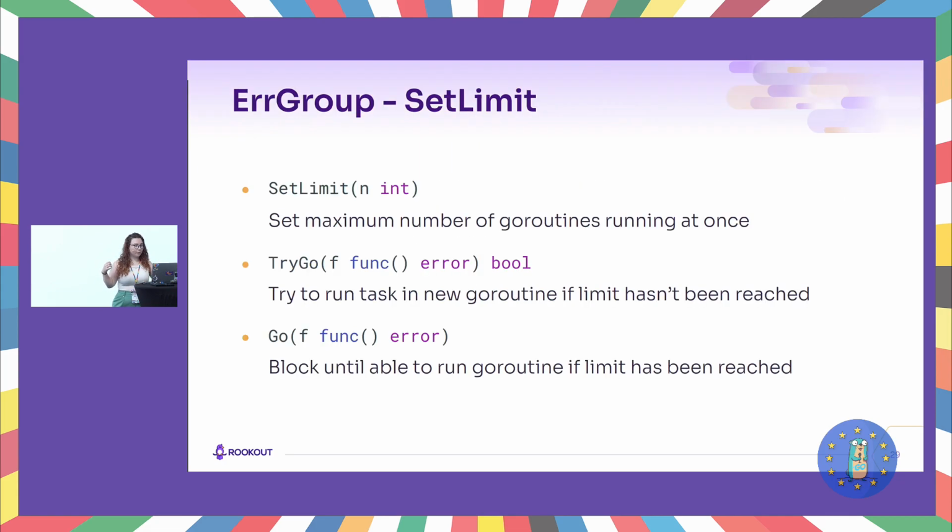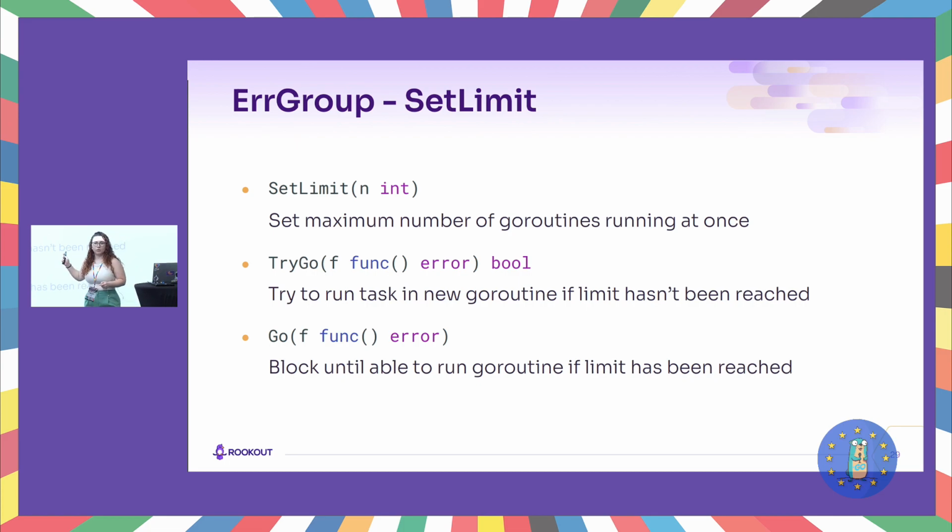So it's pretty cool. Error group has more features, for instance, SetLimit, which will set the maximum number of goroutines running at once. Now, that means that it changes the use of Go, because Go will now block if we reach the limit of goroutines available to run, until it can run and not reach that limit.